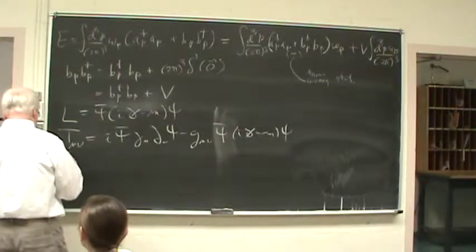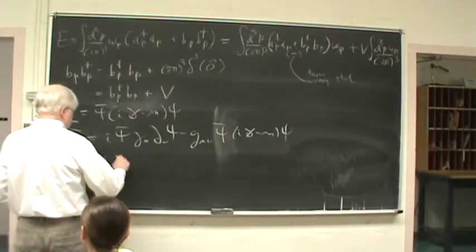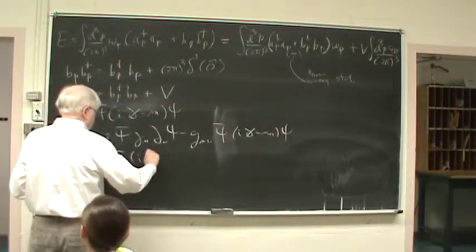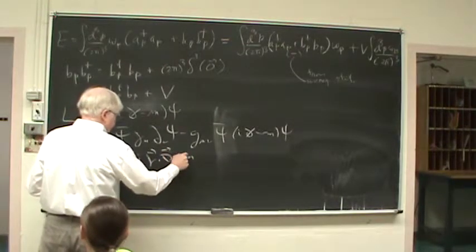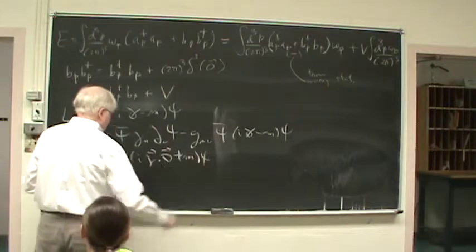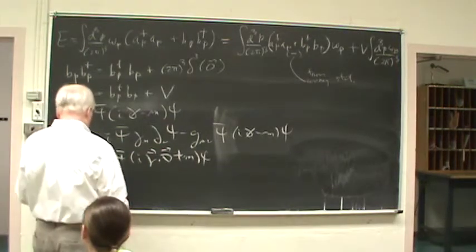The energy density, which is T^00 in this case, is ψ-bar (iγ·∇ + m) ψ. Remember, when we're dealing with the energy density, we've already used Noether's theorem to get the conserved current, and that relies on the equations of motion. So we can always use the equations of motion here.